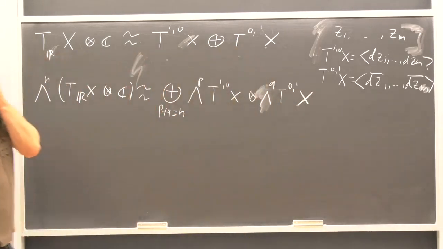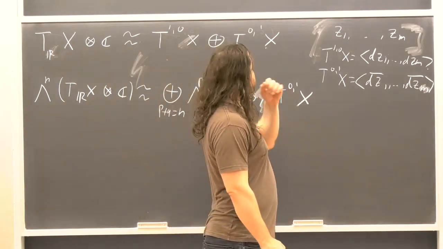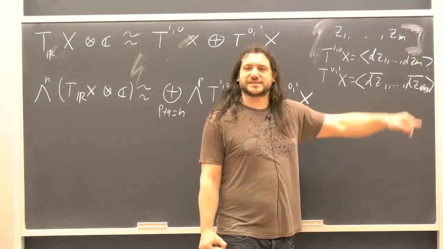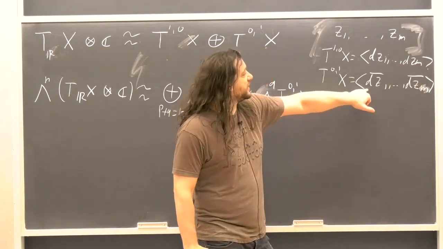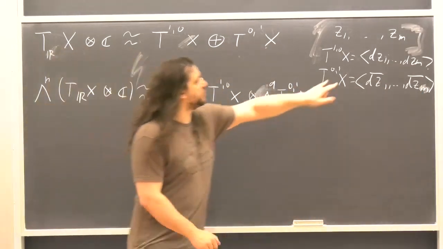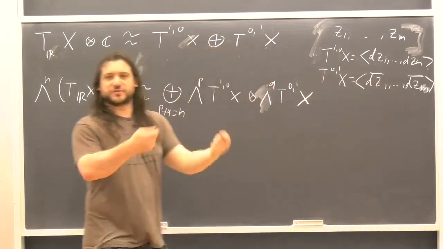And this is exactly our decomposition into (p,q)-forms for various p's and q's. So if we're just talking about H^1, we have (1,0)-forms, which is something times one of these dz_i, and (0,1)-forms, which is some function times these dz_i bars. And then if we go to 2-forms, we can tensor 2 of these, or 1 of these and 1 of these, or 2 of these, and so on and so forth.